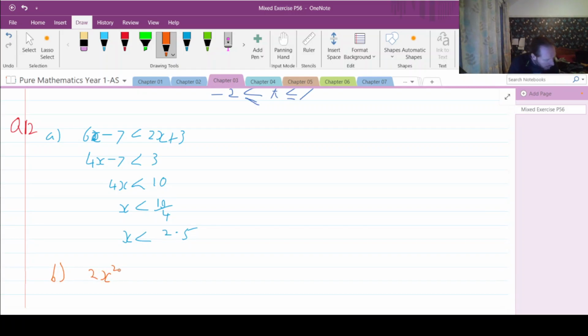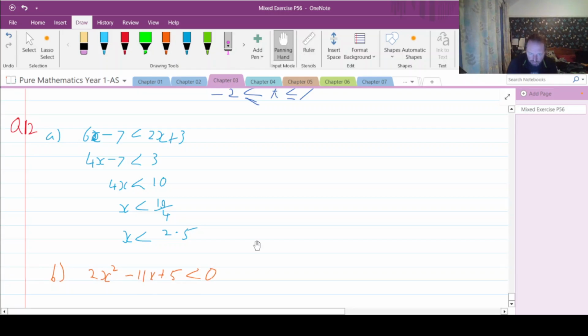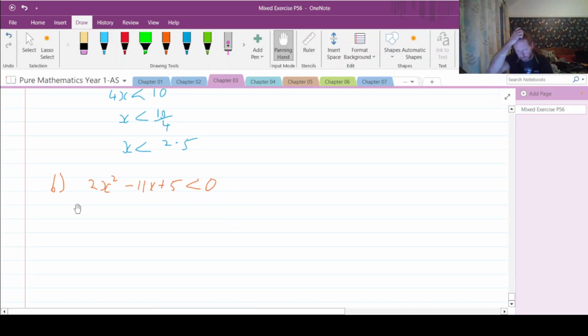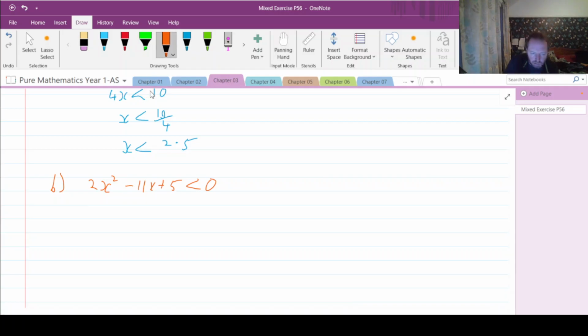2x squared minus 11x plus 5 is less than 0. Okay, let's solve the quadratic. We could use b squared minus 4ac.